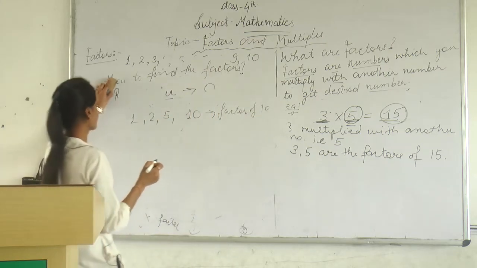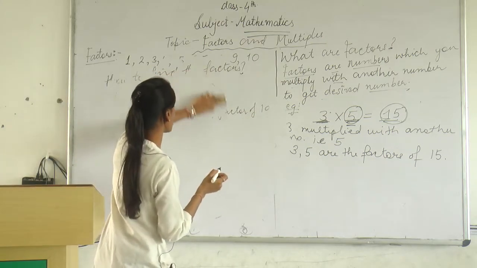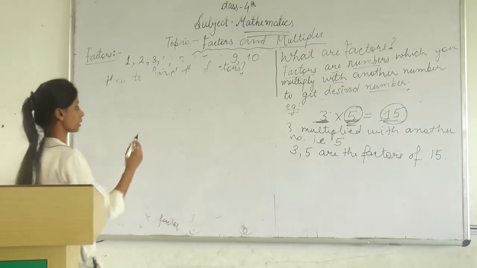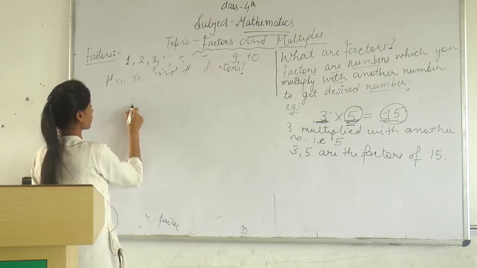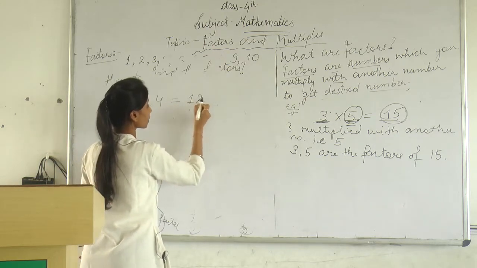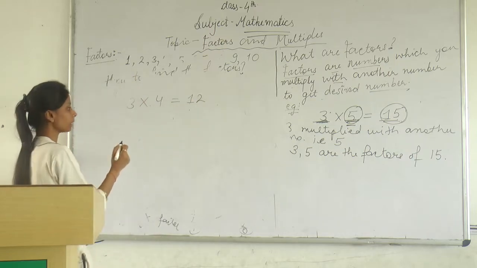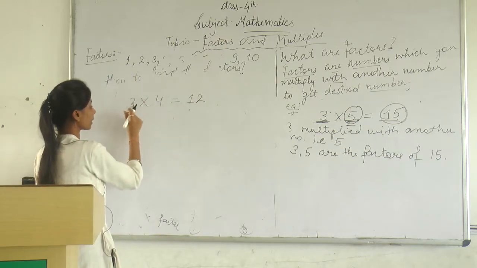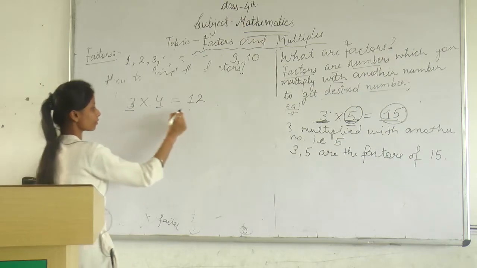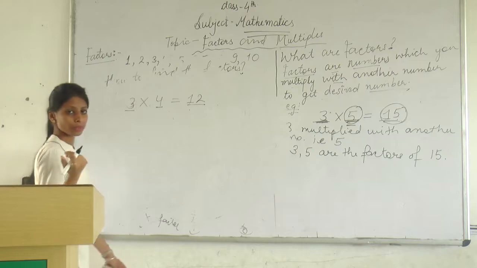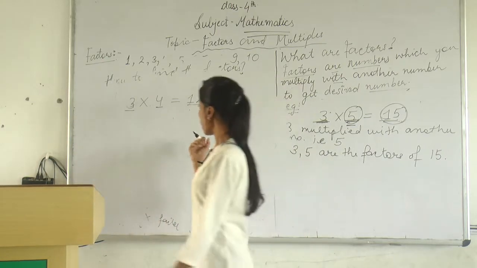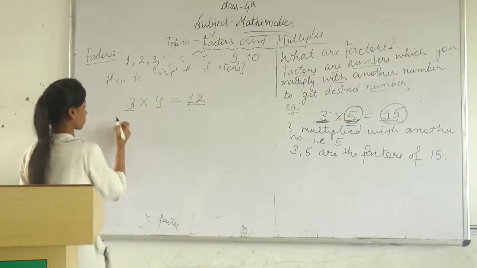Clear? So moving on to the next type, that is by multiplication. Consider the product. If I take the product 3 multiplied by 4, it gives me the product 12. Clear? Now we have seen these two numbers are in a multiplication. These are the factors of 12. Now we have to find the other factors of 12 also. So how do we find them? Let us find out.